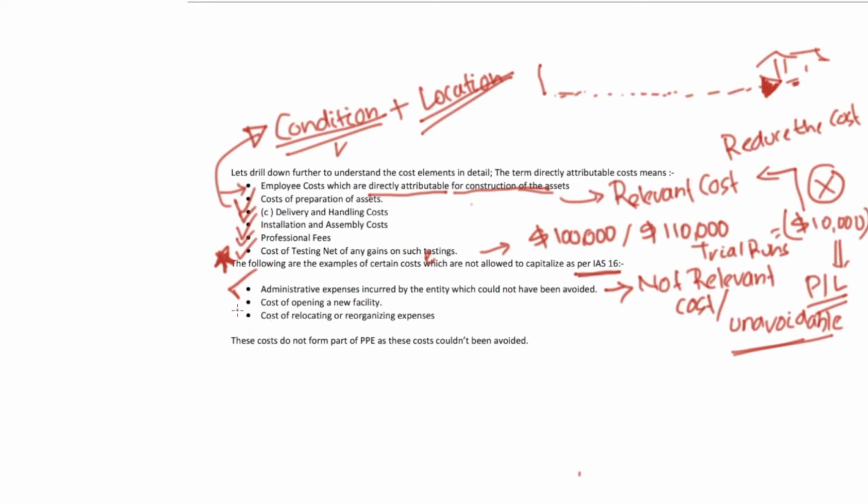The second part is the cost of opening a new facility. Suppose you've opened a new facility where you have installed some of your equipment. During the initial phase, the production was only 20% of the total capacity. Then it moved to 30, then 70, then 90%. So there is a deficit during the initial periods during which production was low compared to what it could have been.